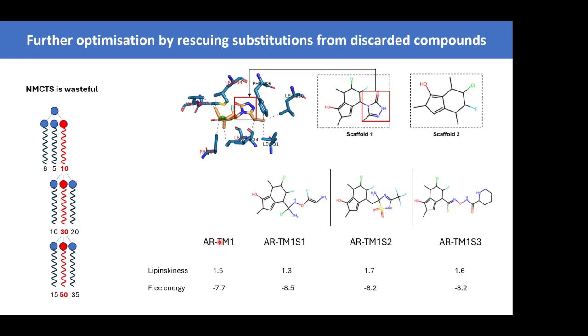And if now we're taking these chemical groups and substitute our scaffold for these molecules, we can see that we keep the Lipinski-ness pretty much stable, but we dramatically improve the predicted affinity. So by doing this system, we kind of enable not to waste molecules in the decision tree and learn further to improve these compounds.